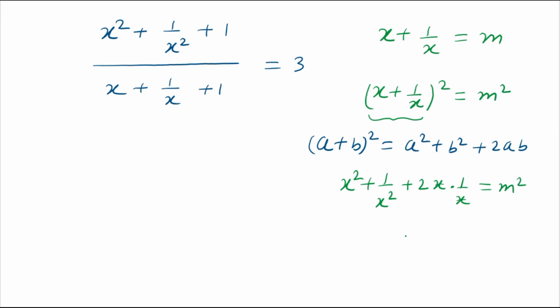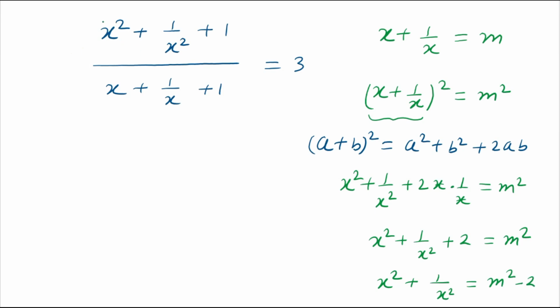This x and this x cancel out, so x^2 + 1/x^2 + 2 is equal to m^2. Then the value of x^2 + 1/x^2 is m^2 minus 2.